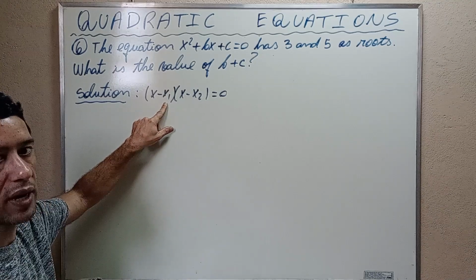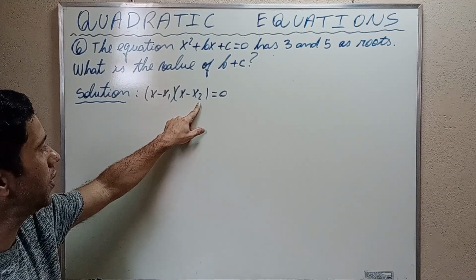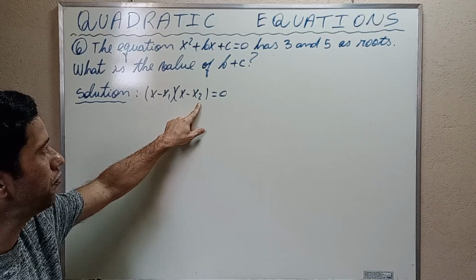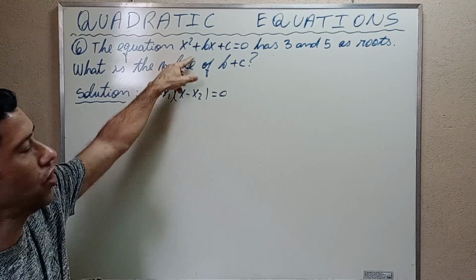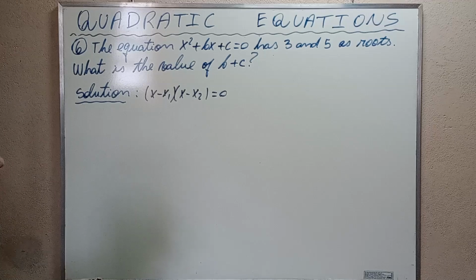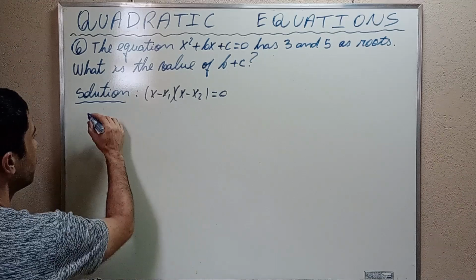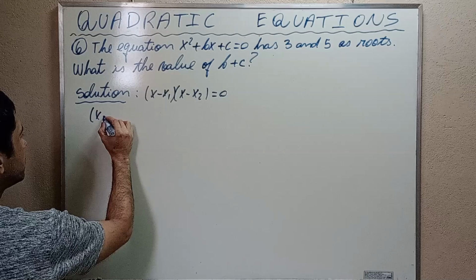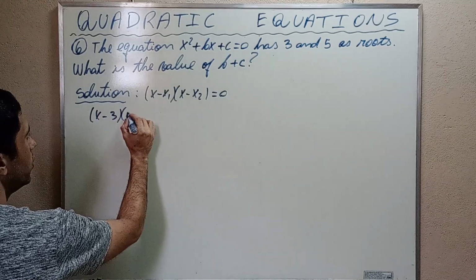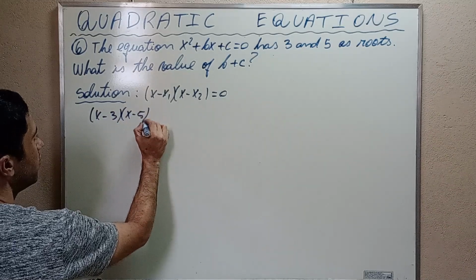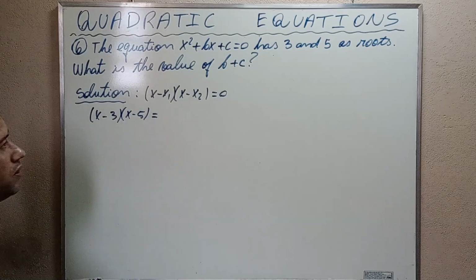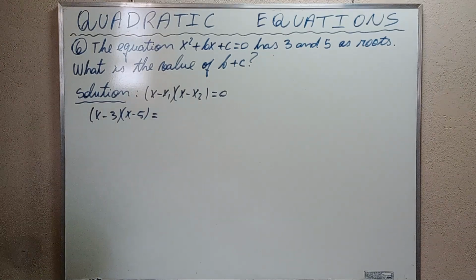We can multiply the roots in this way here, and we find the original equation. This is what we are going to do, okay? Consequently, if we multiply x minus 3 with x minus 5, we find the equation that we want.